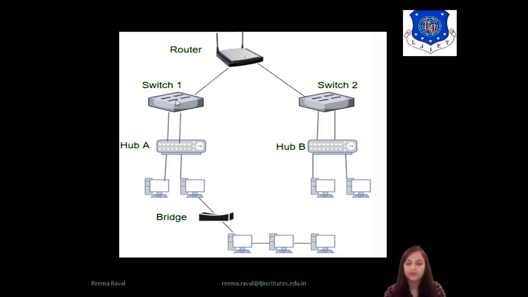This is switch 1, this is switch 2. Then to the switches, hubs are connected as a central device. Here hub A is indicated and here the other one, hub B, is indicated. To these hubs, end devices are connected, and whenever it is required to transfer to some other end devices, over here bridges are used. Okay, so this shows the different network connecting devices architecture.